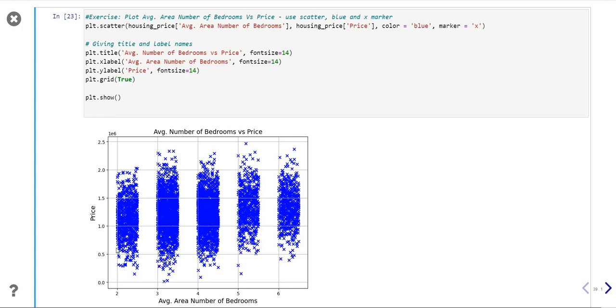So you can see it varies in terms of the average area number of bedrooms. That's why you can see a much clearer, distinct categorization. In other words, this clear distinction means 2 bedrooms, 3 bedrooms, 4 bedrooms, 5 bedrooms, 6 bedrooms.